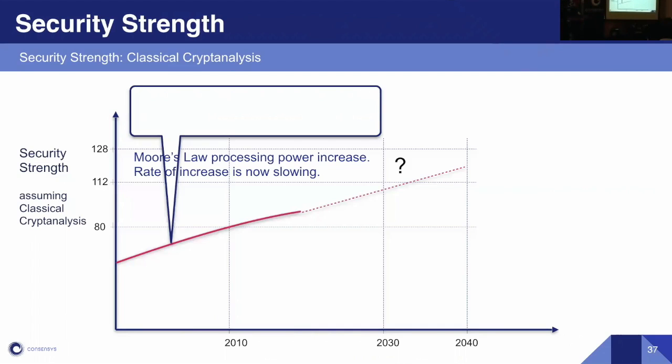Their guidance back a few years ago was that by about 2030, you really want to have 112-bit security strength. And then a year or two ago, they suddenly said, all bets are off, and let's not talk about this anymore.